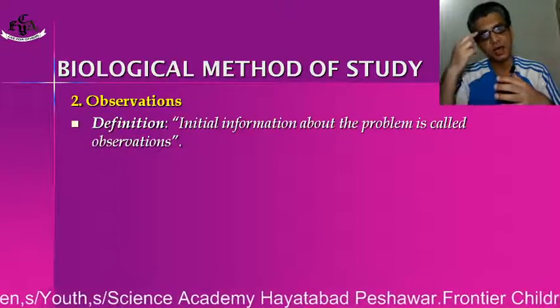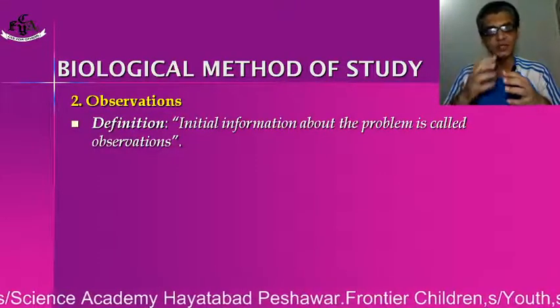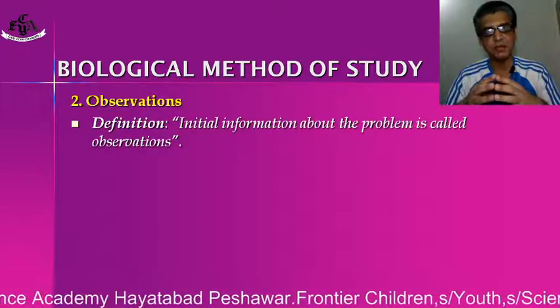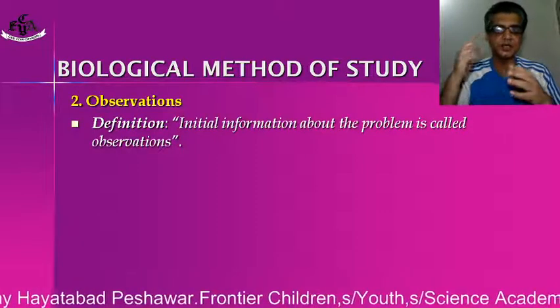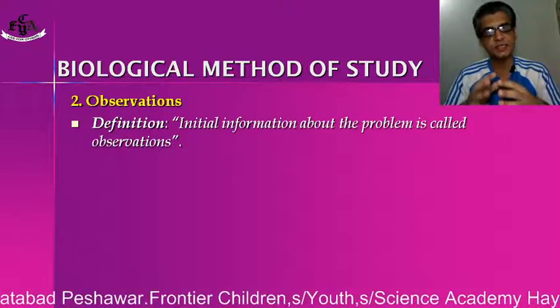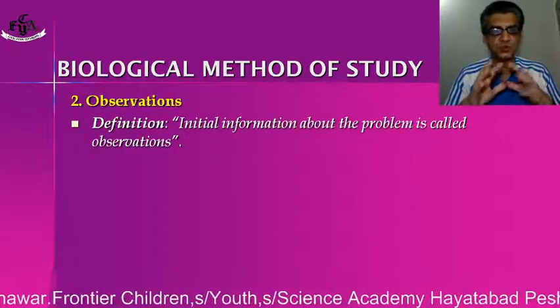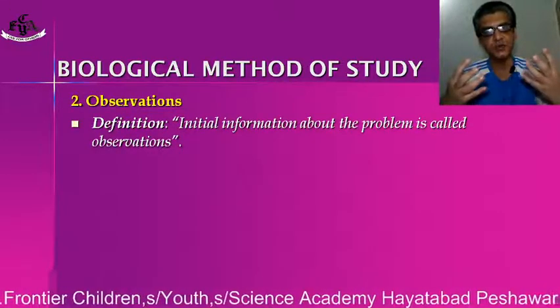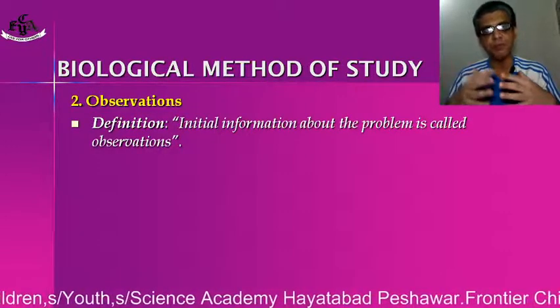That is the eye for sight, the nose for smell, the tongue for taste, the ear for hearing, and the skin for touch, texture, etc. So these five senses are used to take observation about a problem.